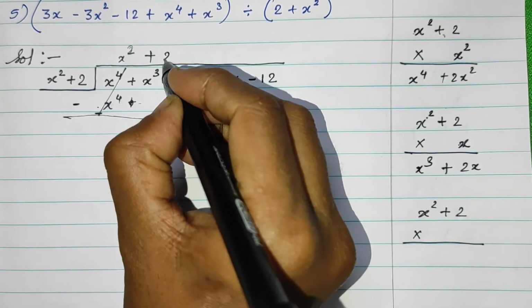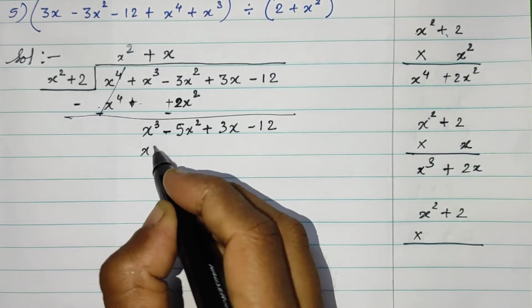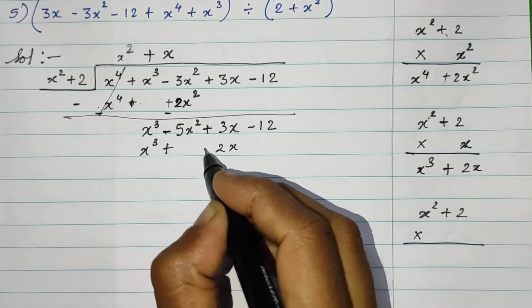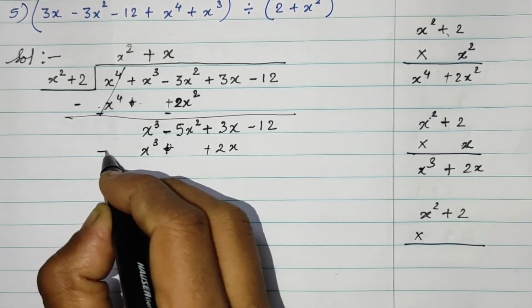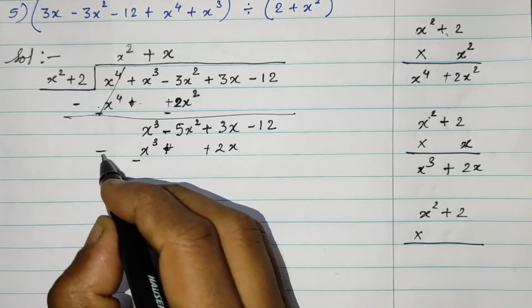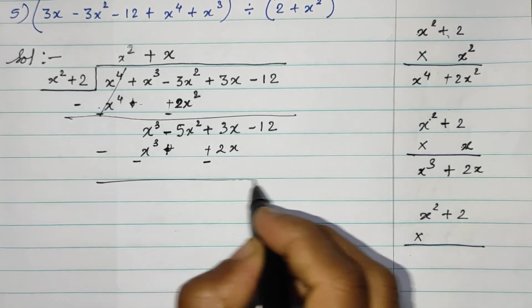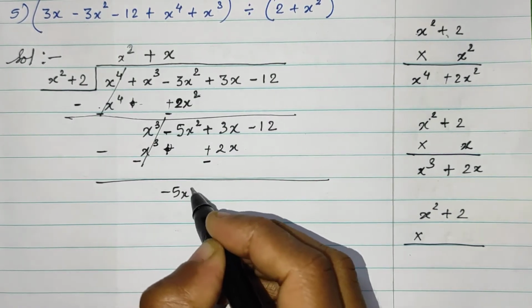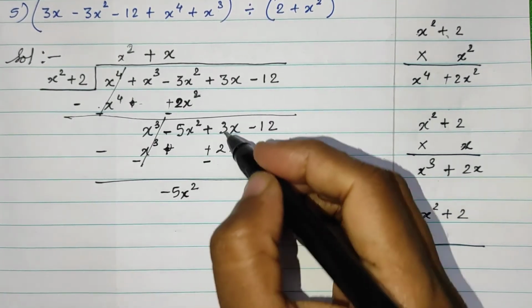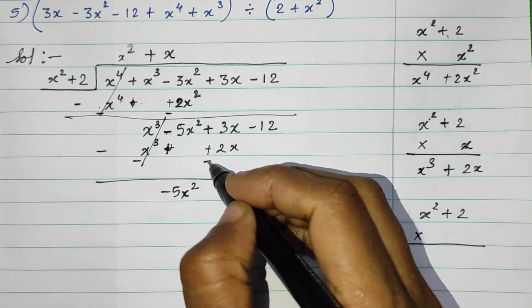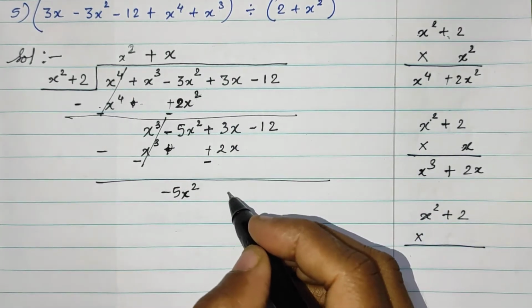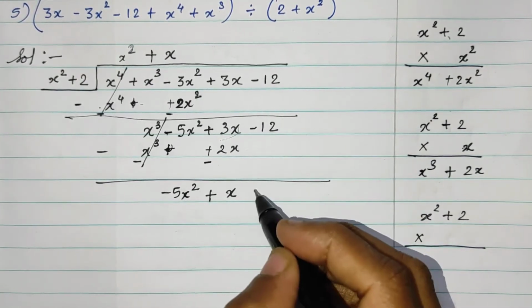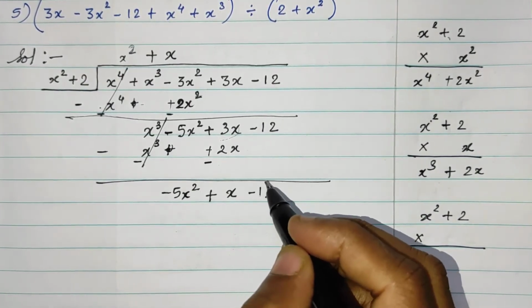So plus 2x, sorry, minus into plus minus, minus into plus minus. So this gets cancelled, this will be as it is, we will copy down. Plus into minus minus, 3 minus 2, 1. Greater number is 3, it is positive, and minus 12.